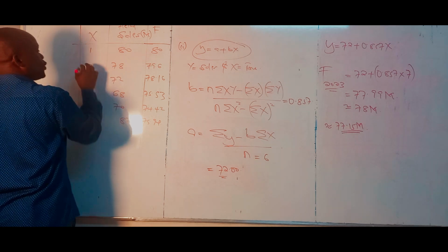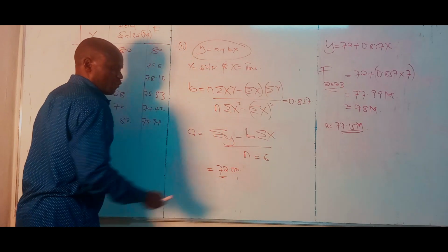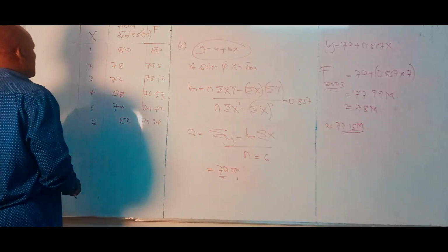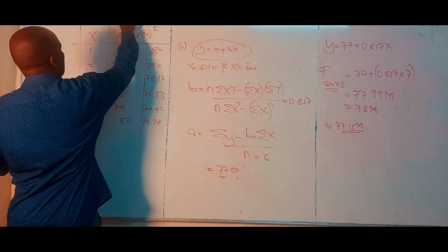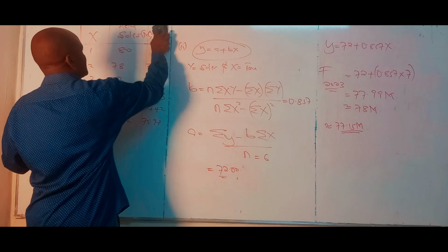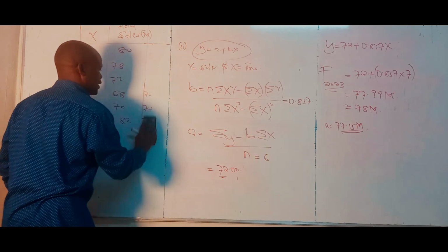And this is X because X is the time, and time is an independent variable. Then this is Y. Actual sales here become Y.